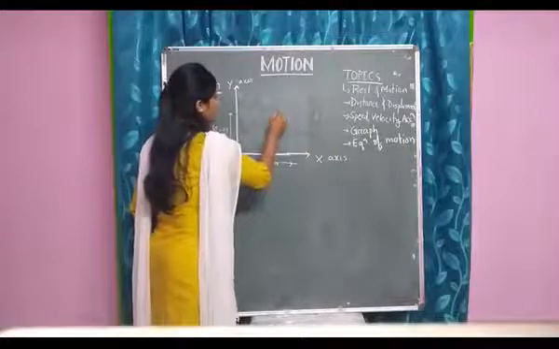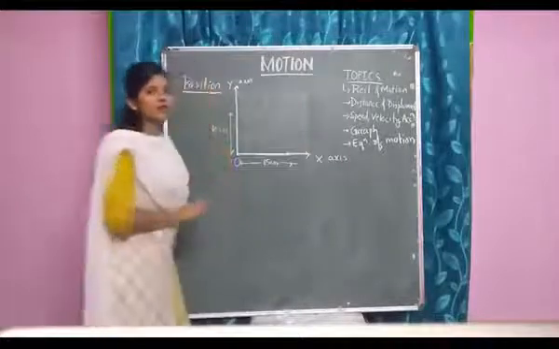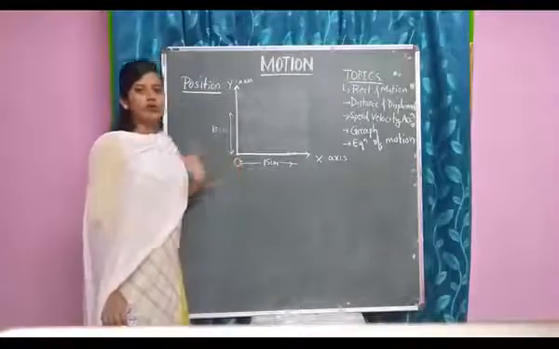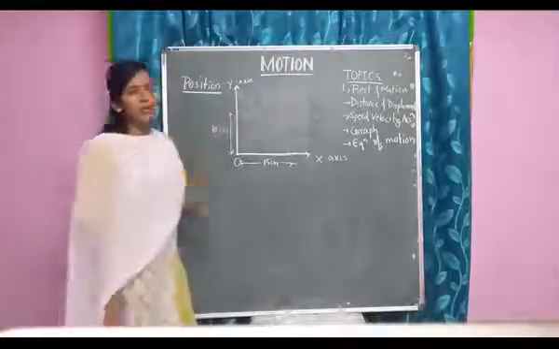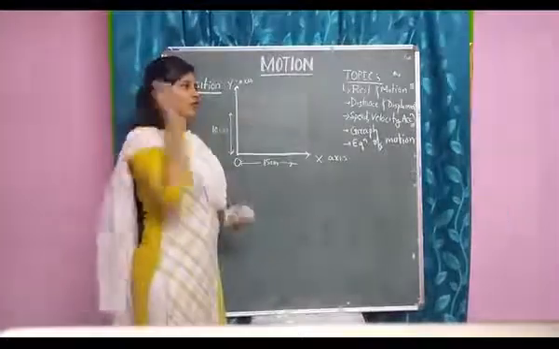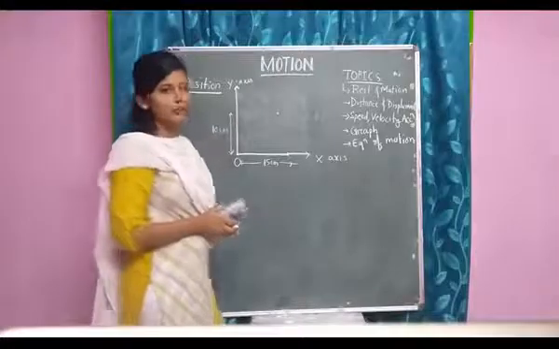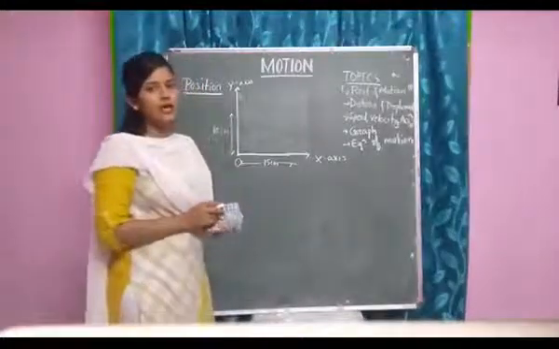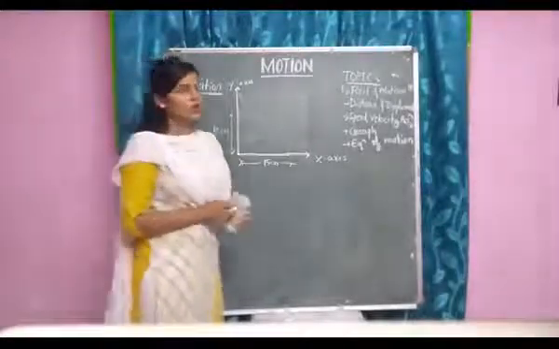Suppose the ant is moving along this plane, then we will say that the motion of the ant is 2D motion. Suppose the ant has wings, so it can fly in the atmosphere. If that case arises, then we will say that that is 3D motion.